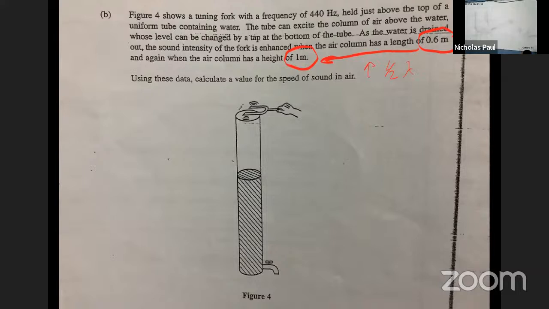How do you find speed? What's the frequency?